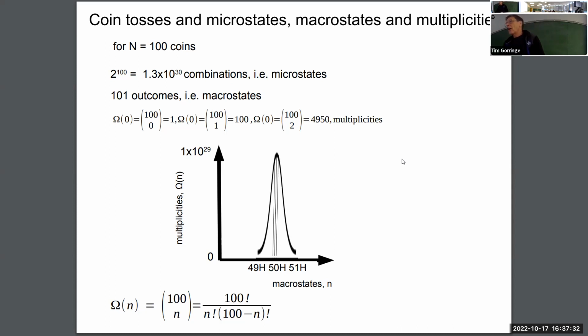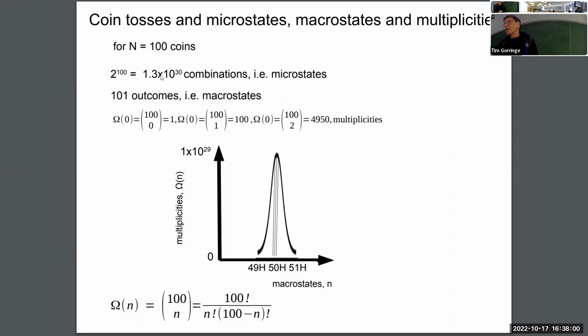So for 100 coin tosses, so that's what I'm working out here, the number of combinations is 2 to the power 100. For 3 coin tosses, it's easy to imagine: the number of combinations, 2 to the 3, is 8. So now we've got 100 coins, we've got 2 to the power 100. That's a very, very big number. I put it in Google to figure out what it was.